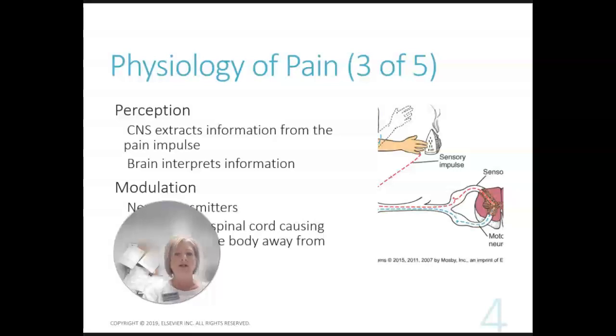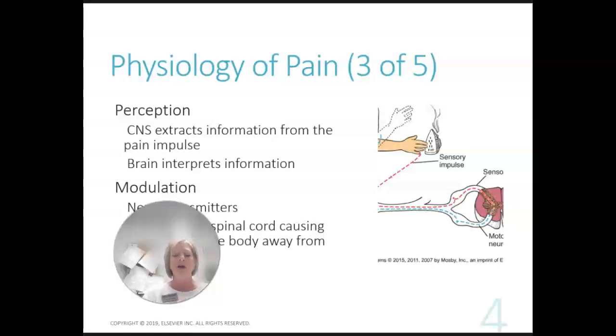Then it goes to modulation. Modulation happens when those neurotransmitters cause the body, or us, to move away from that painful stimulus. So that's a protective response. It's modulated by these pain responses in the body.